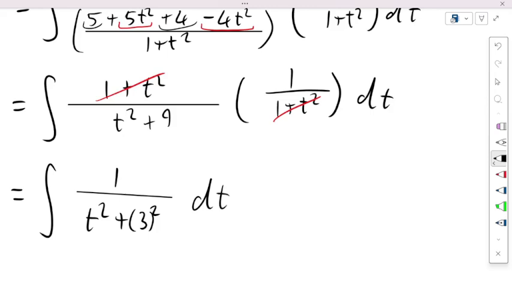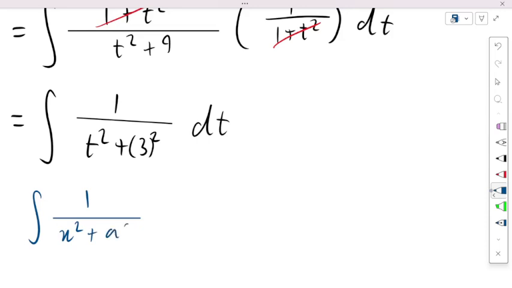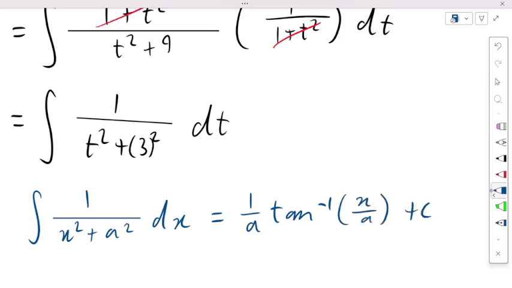Now, if you remember with reference to our trig substitution, some students didn't learn trig substitution yet, in our class accordingly. So let's actually just use our property that tells us, let me do it in blue, that if we have the integral of 1 over x squared plus a squared with respect to x, this is equal to 1 over a multiplied by arctangent of x over a plus c.